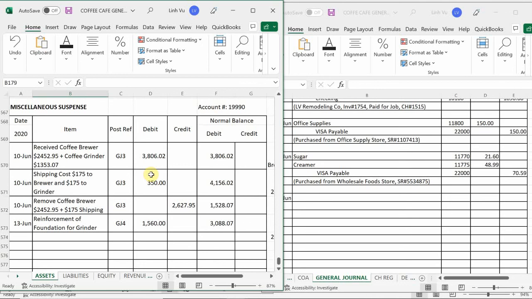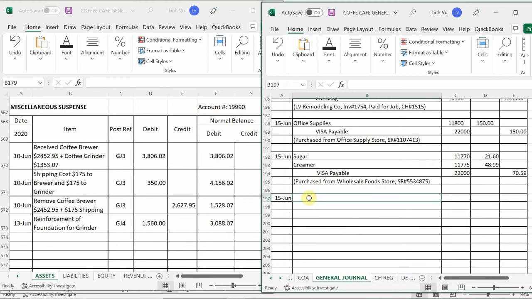So in this case, miscellaneous expenses is where my coffee grinder is. So that's exactly what I'm going to put here.